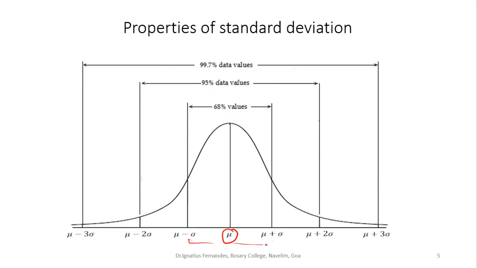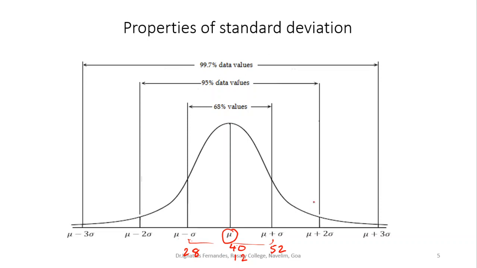Let's say, for example, in the case of the cost of meals in Chennai, the mean was 40, and the standard deviation is approximately 12. 12.04 it was, let me just consider it to be 12. So what I'm looking at is 40 minus 12. So mu, the mean minus sigma, 40 minus 12 is 28. And here I'm considering mu, the mean plus sigma, 40 plus 12, it is 52.